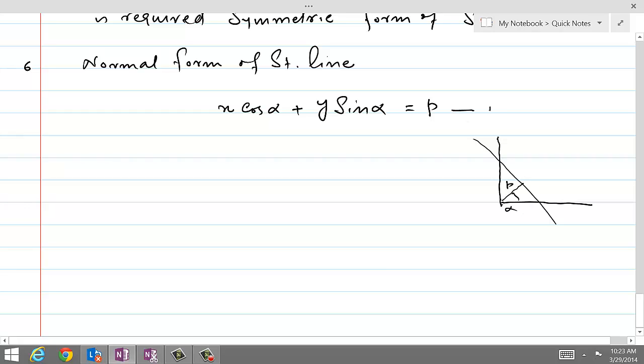Okay, let's call this equation 1, and comparing with the equation we have, ax plus by, and instead of plus c, let's write it equal to minus c on the other side, and compare both of these equations.